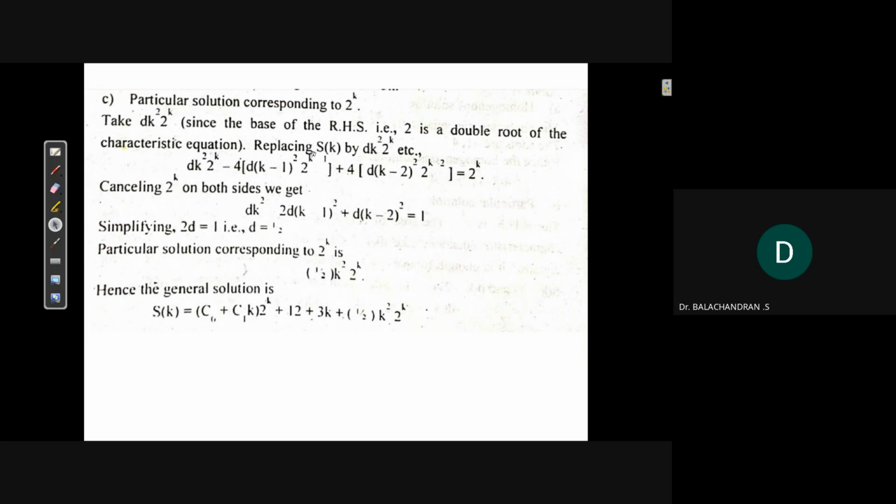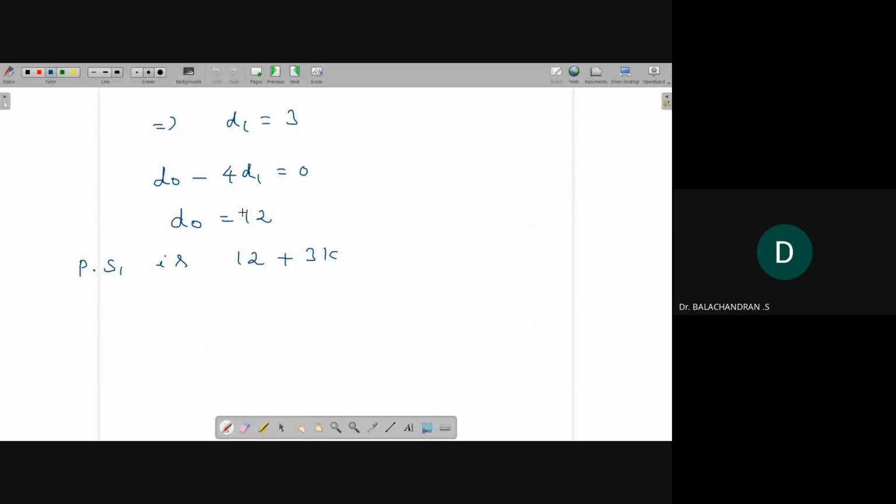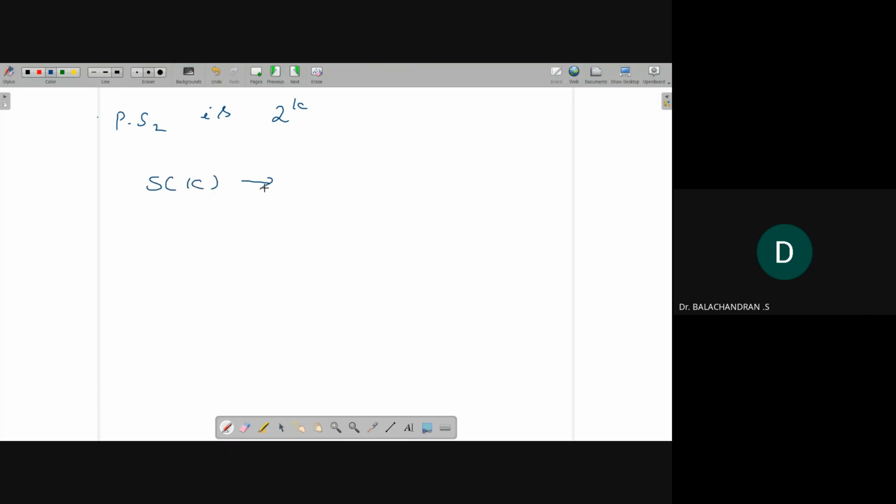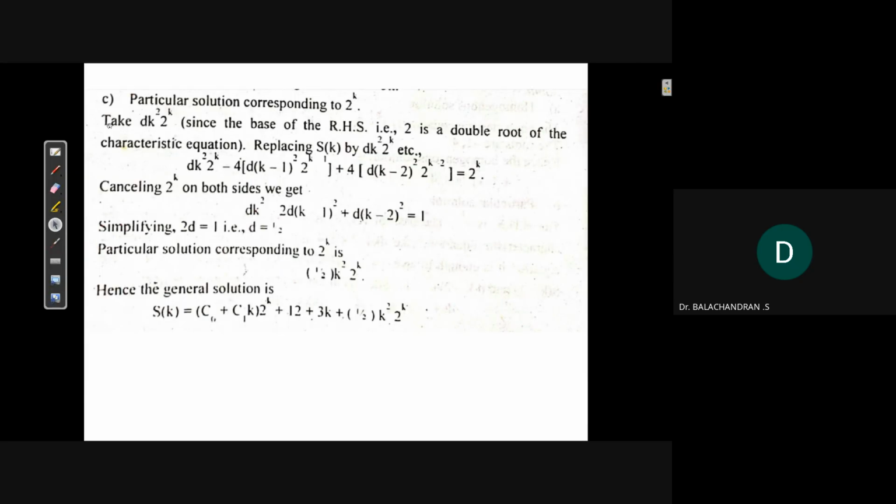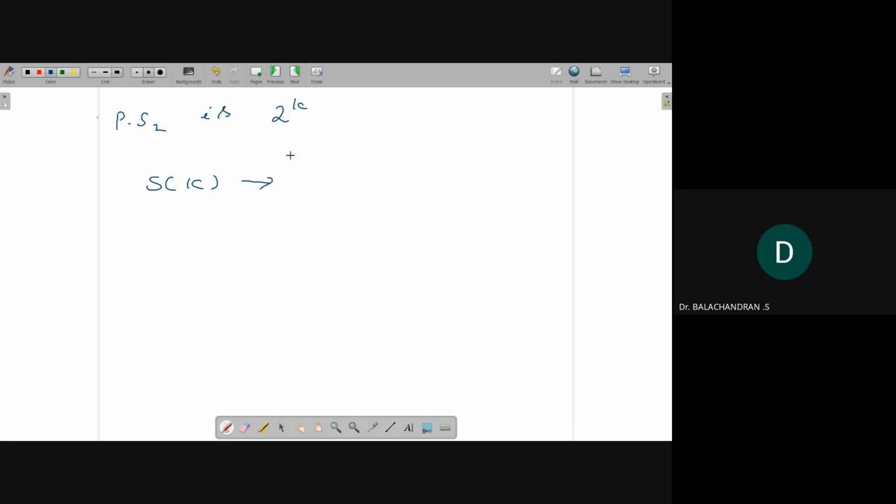What is the problem? S of k. Okay, S of k is what? Instead of S of k, you should use a constant. You can choose any constant. They are taking d, or you can choose d0 or d1, d into k square, because it is a double root, k square into 2 power k.